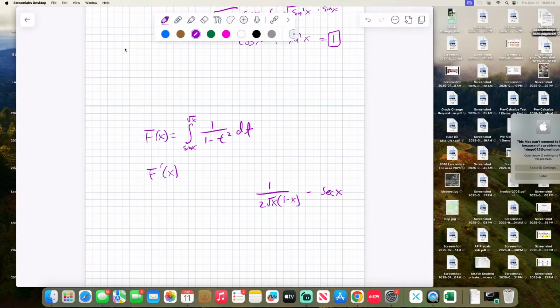I think I lost it. You can just cancel these, right? You can find out cosine. It doesn't matter. It can be lost. Oh no, you integrated.